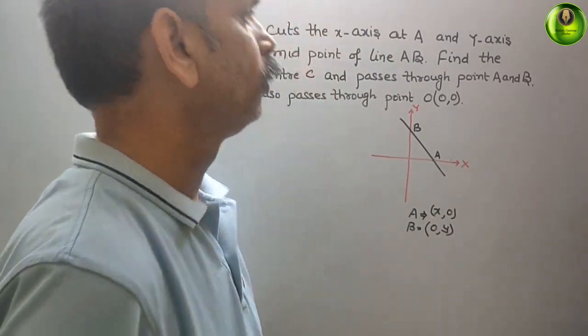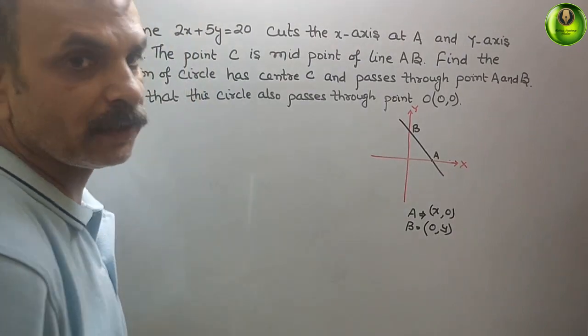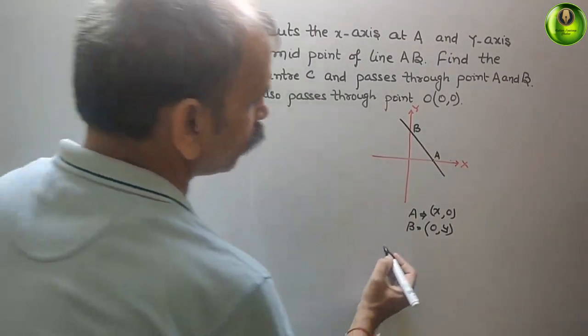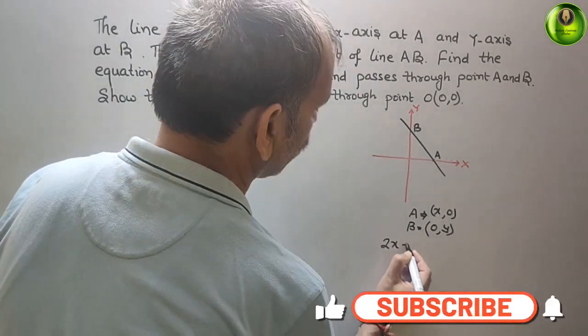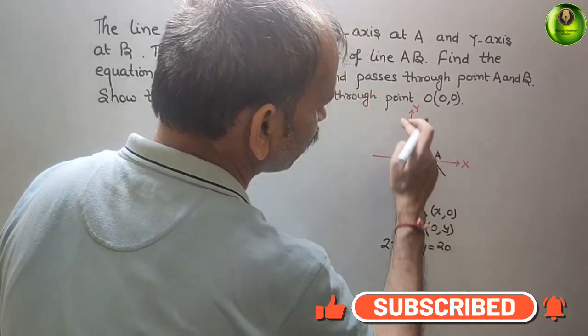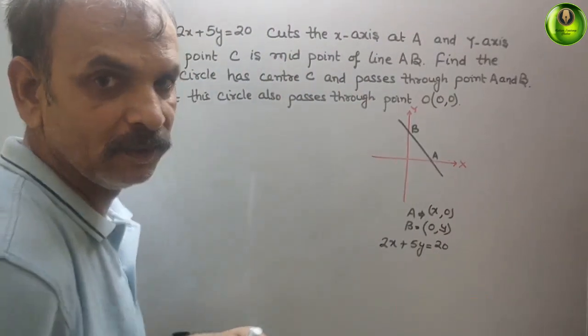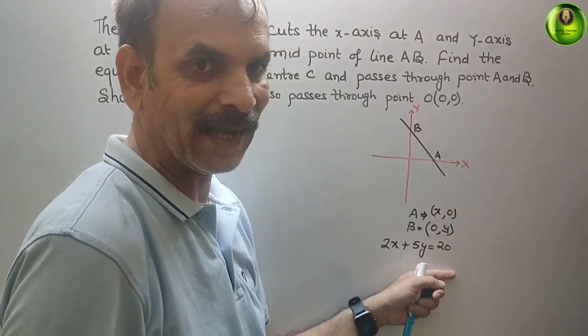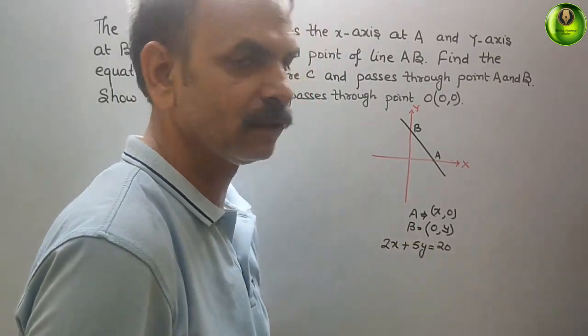Okay. Now see that they have given one equation: 2x + 5y = 20. So this is the line equation. These coordinates are on this line, that means they will satisfy this equation.